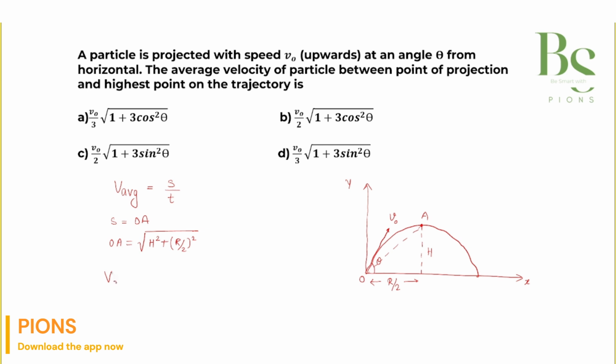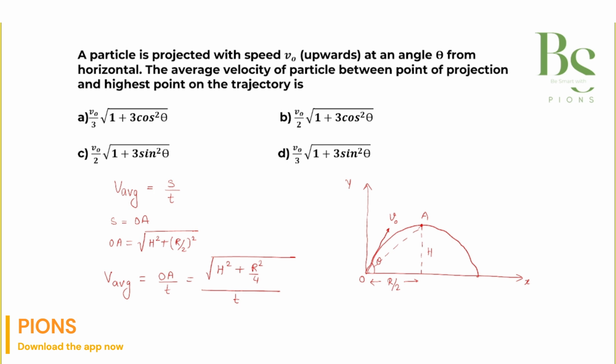So what will be our average velocity? V average will be equal to OA upon T. And OA is root under maximum height h square plus R square by 4, whole divided by time. What is time t? Time t is the time of maximum height of a projectile.